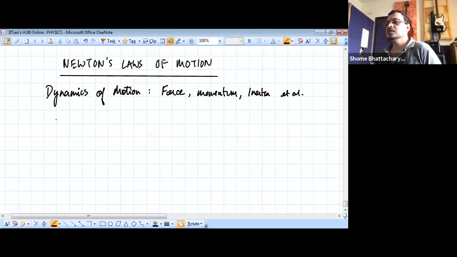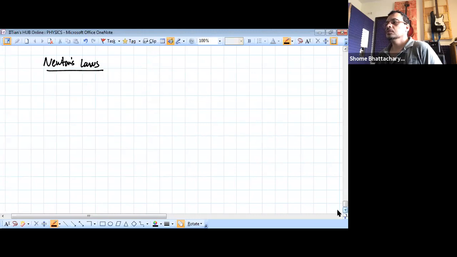So first of all, let's understand the statements, the Newton's laws themselves, written by Sir Isaac Newton way back in the 16th century. As you know, the first of the three laws states the property of inertia. It is called the law of inertia.